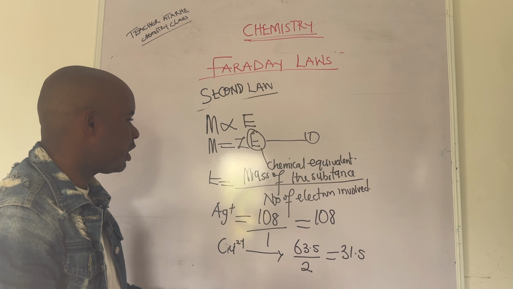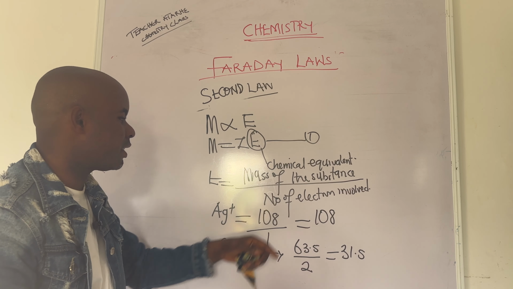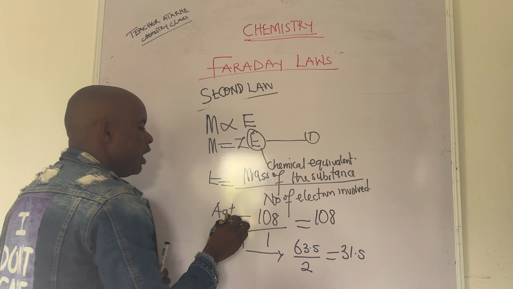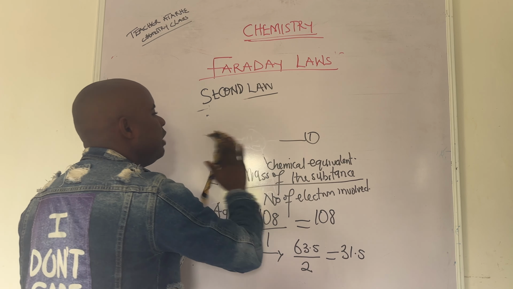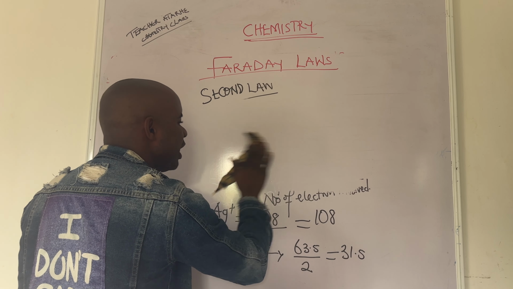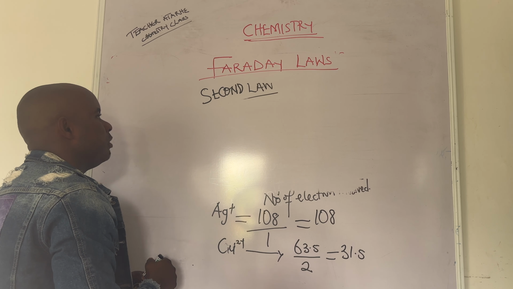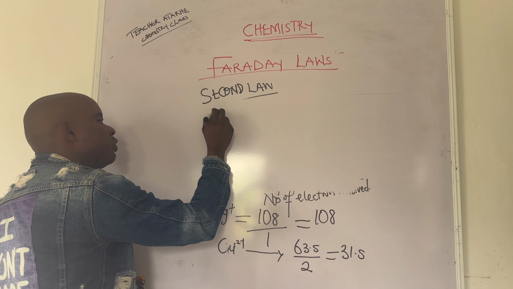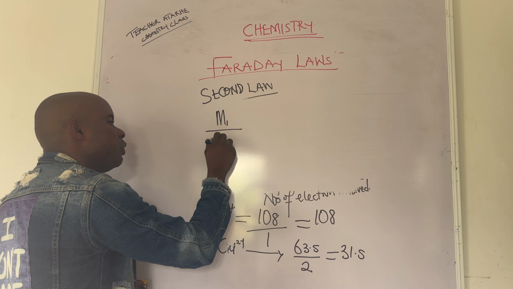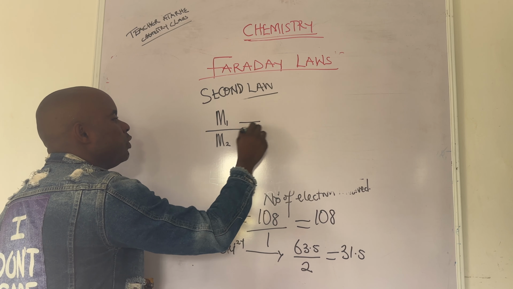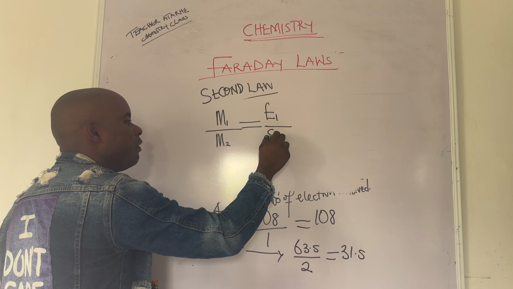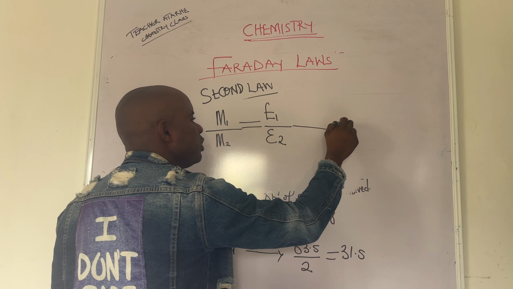To know the chemical equivalent, we must know the mass of the substance and the number of electrons involved. If two ions are liberated at both electrodes, we introduce an equation using M1 to represent one ion and M2 to represent the other, with chemical equivalent 1 and chemical equivalent 2.